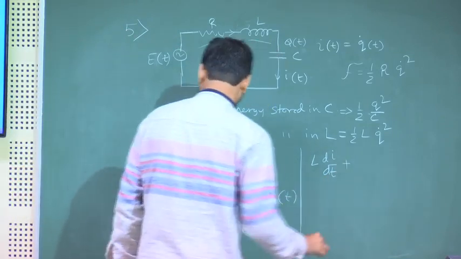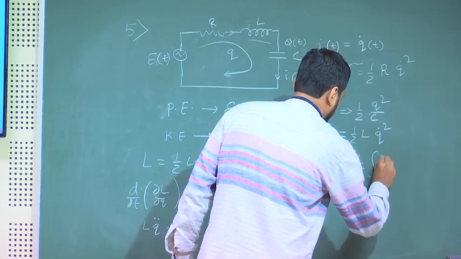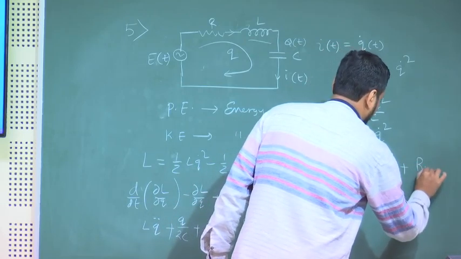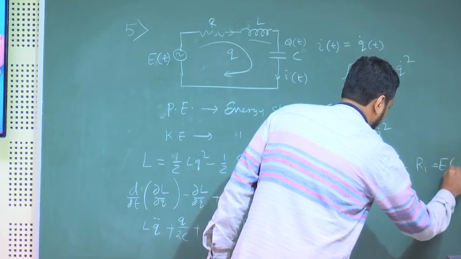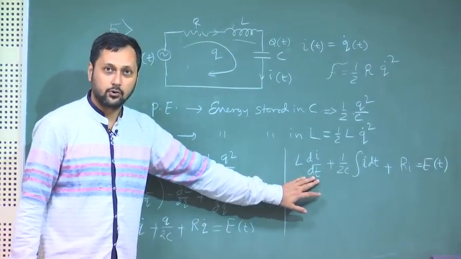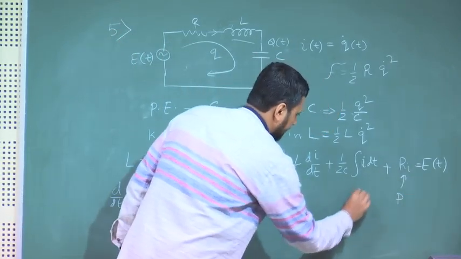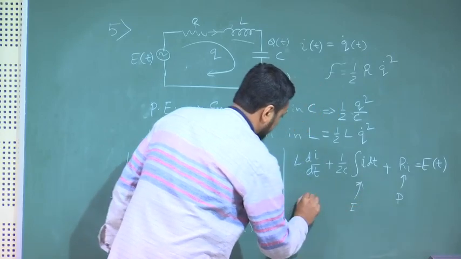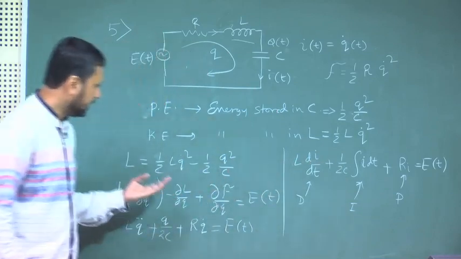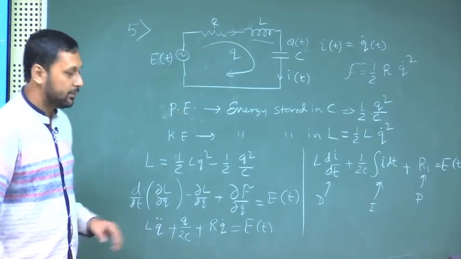So, it will be plus 1 by 2 c integral I dt plus R I equal to E of t. Now, if any of you are familiar with PID control, this is the proportional term, this is the integral term and this is the derivative term. So, basically what we have written is the PID equation of an LCR circuit here. Okay. So, I hope it makes sense.